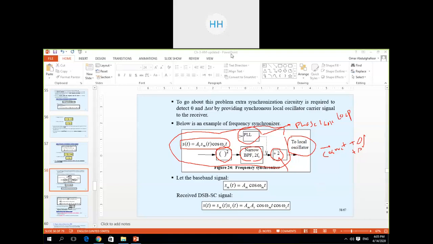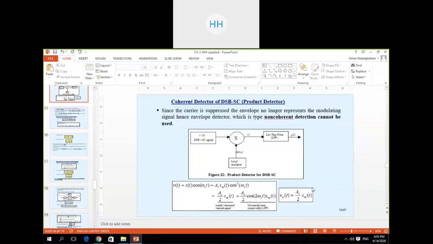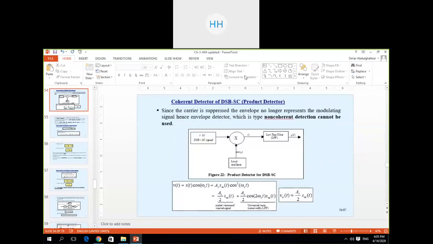All right, as I mentioned, the local oscillator is to generate the carrier frequency, cosine omega c t.